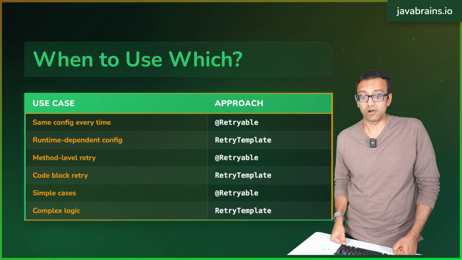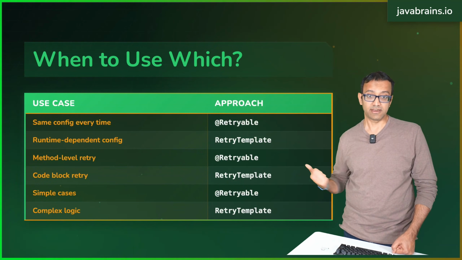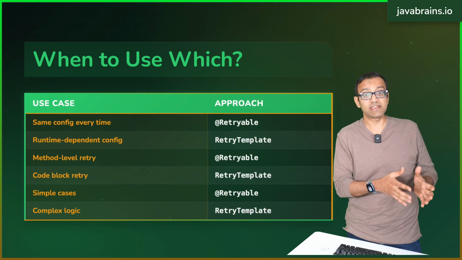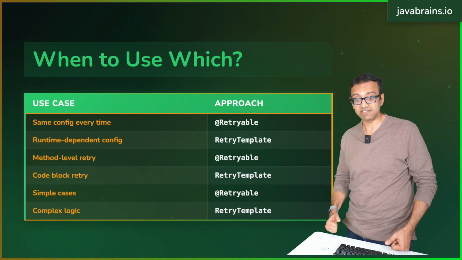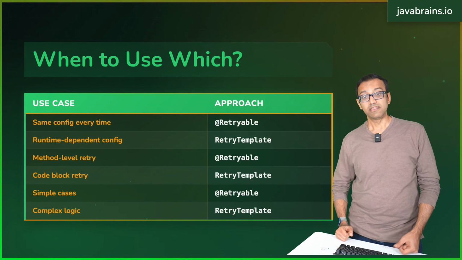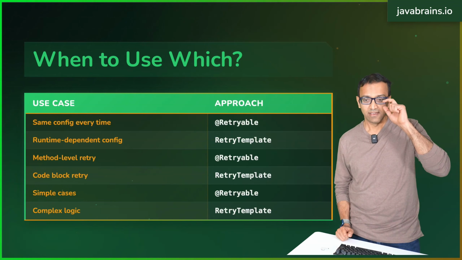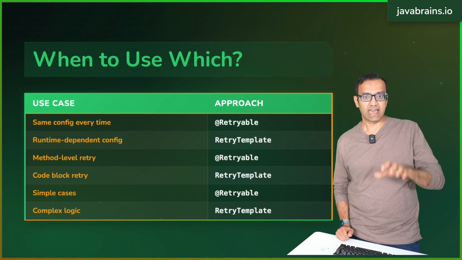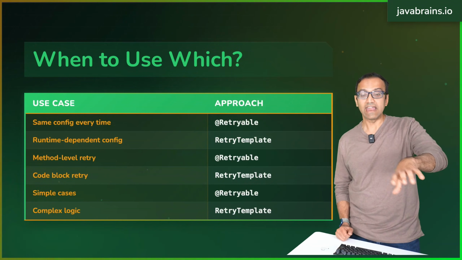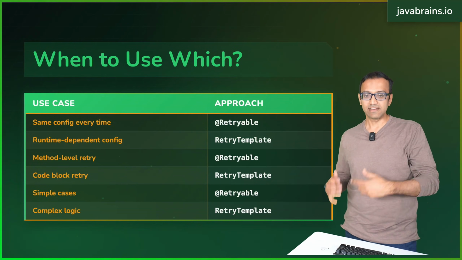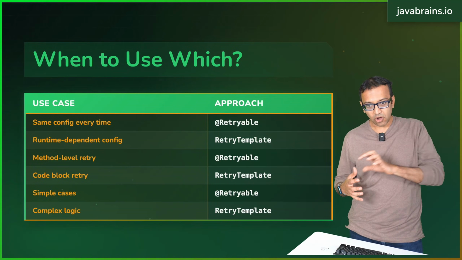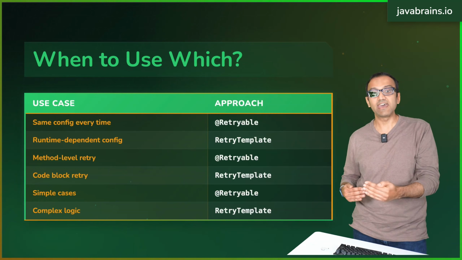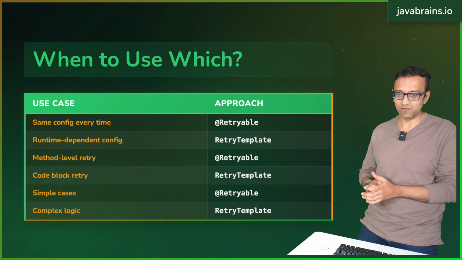And for more complex logic, like the order example that I gave, where depending on a particular value you're going to have to do different types of retries, you use a retry template. The key thing I want you to remember is that @Retryable happens at the end: what is being retried? The retry template happens where the call happens. So where the retry configuration is held is what matters.